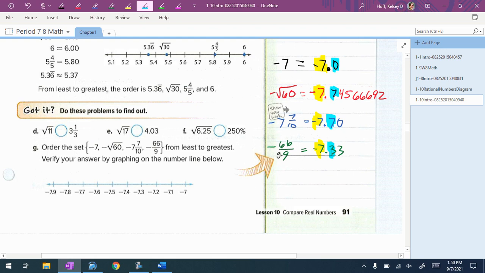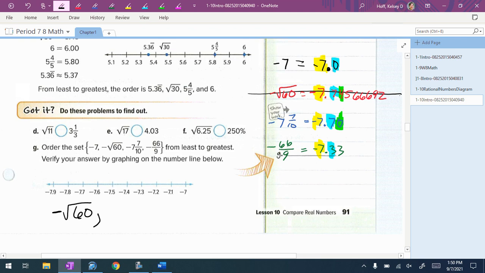So 2 of them have the largest digit of 7. So on these 2, we look next door. Which number is larger, 4 or 0? 4. So this number is actually the biggest negative, meaning it's the smallest number. So the smallest number is negative square root of 60. Cross that off my list.